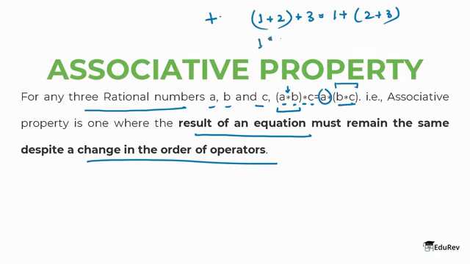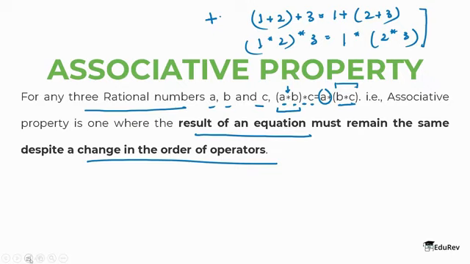That means 1 into 2 into 3 will be the same however it is grouped. So this is also understandable. This means that both addition and multiplication follow the associative property.